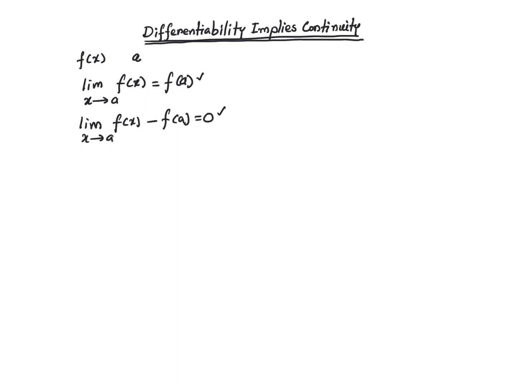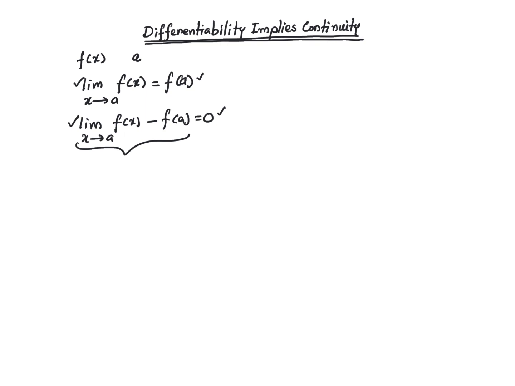So this is a more useful format for our purpose. We want to start off with this left hand side and show that it's equal to 0, which is equivalent to showing that the limit as x approaches a of f of x is equal to f of a.